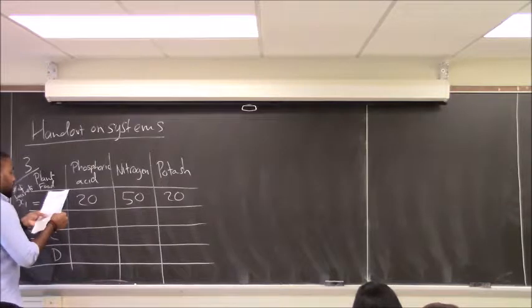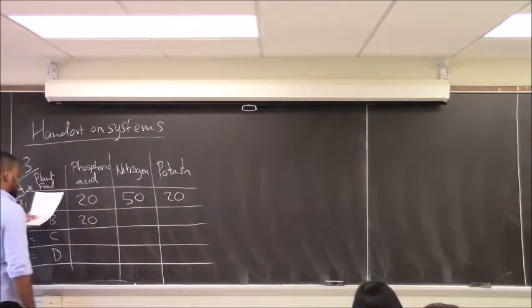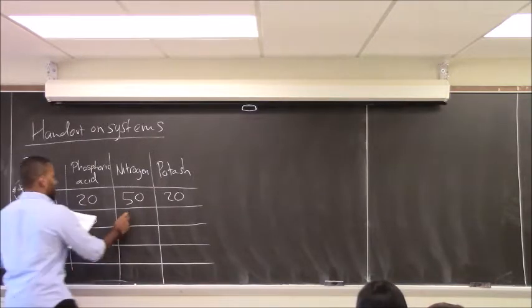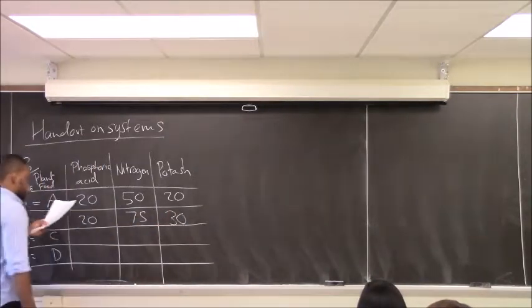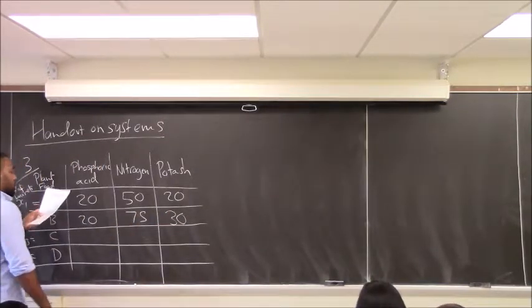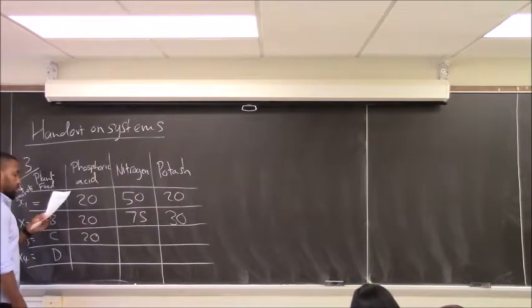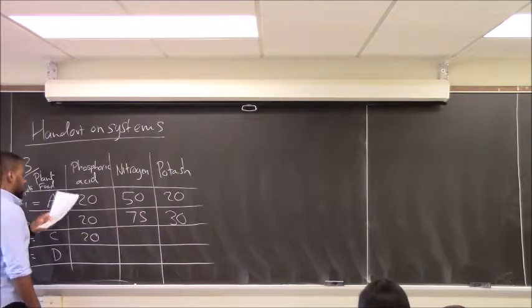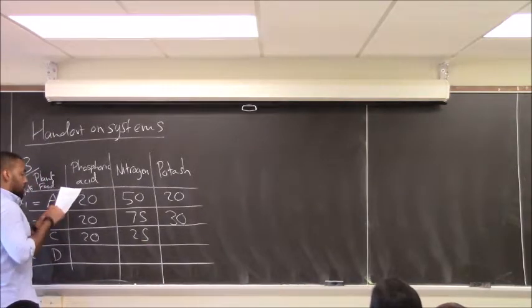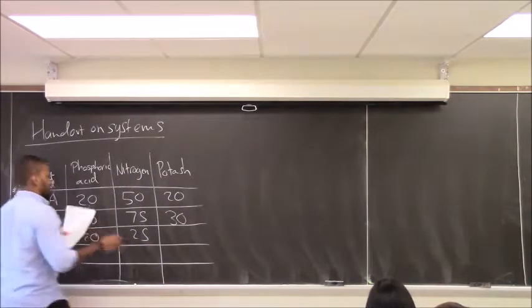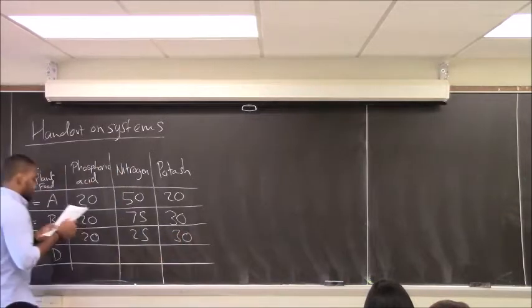For mix B, there's 20 pounds of phosphoric acid, 75 pounds of nitrogen, and 30 pounds of potash. Mix C, 20 pounds of phosphoric acid, 25 pounds of nitrogen, and 30 pounds of potash.